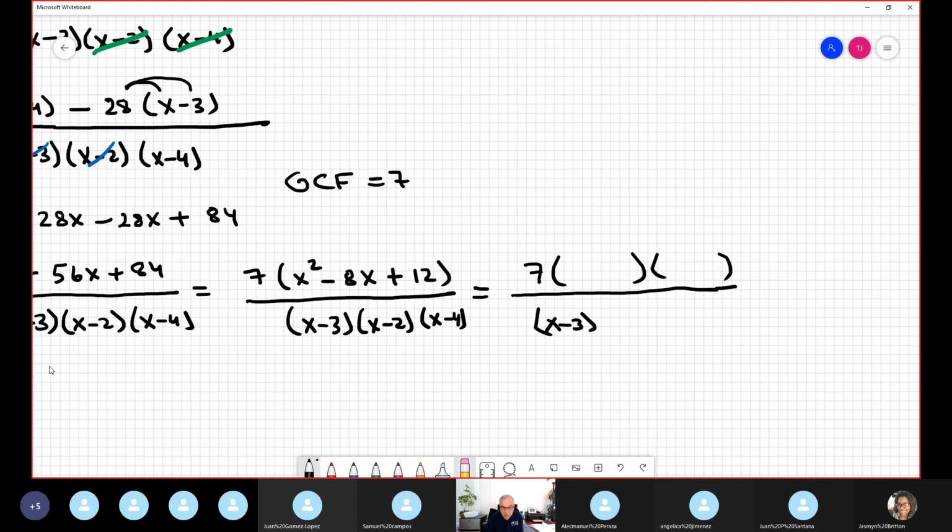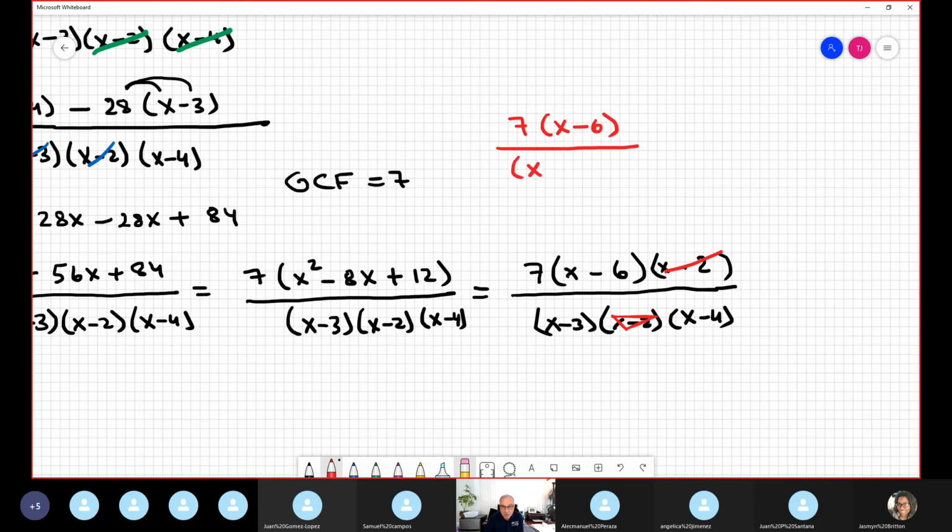This is the combination, I suppose, 6 and 2. Yes, 6 and 2. 6 times 2 is 12, 6 plus 2 is 8, negative. Okay, and the only factor we can cancel out is x minus 2. And the final answer then is 7 times x minus 6 over x minus 3 times x minus 4.